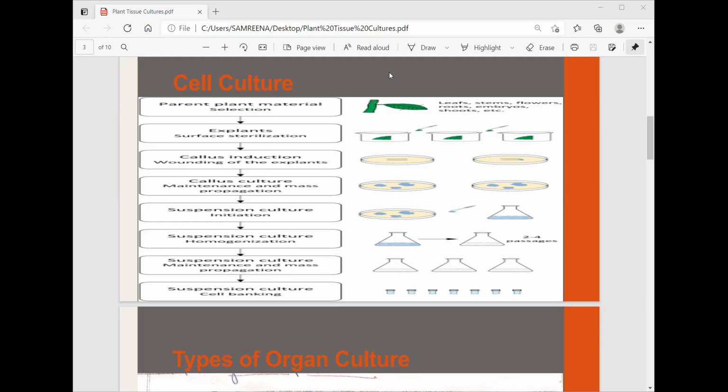Now, the important application of cell culture is in biotransformation. In cell culture, we are inserting our gene of interest into the cells, as these are single cells. So the transformation technique can be done easily here.